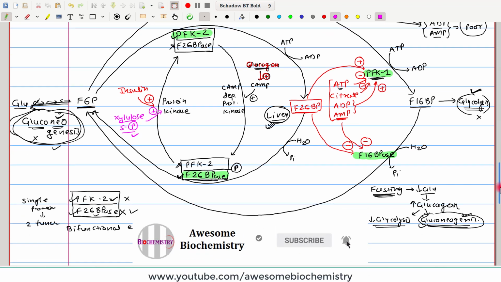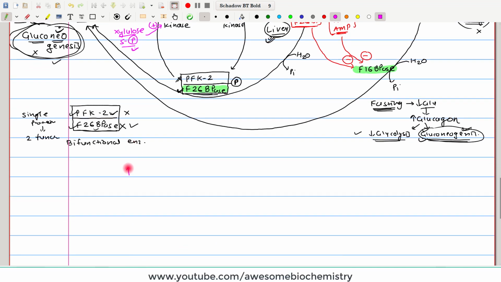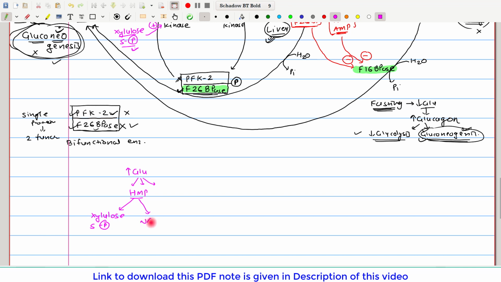Whenever there is high glucose concentration, it leads to stimulation of all the different glucose utilizing pathways, and one of them is the hexose monophosphate pathway. Xylulose 5-phosphate is one of the important intermediates of this hexose monophosphate pathway, and apart from that, NADPH is one of the important products of this HMP pathway.